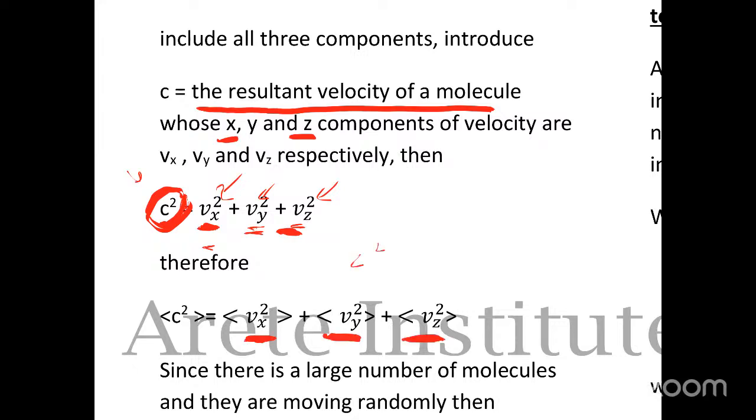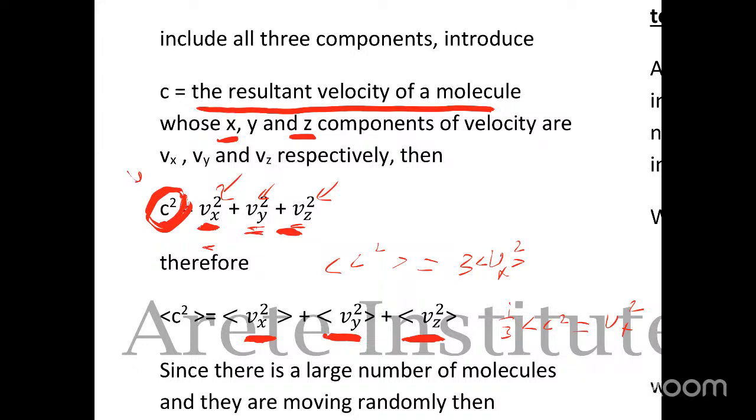So the mean square is equal to 3 Vx squared, so the mean square is 1/3 of C squared. And you're done.